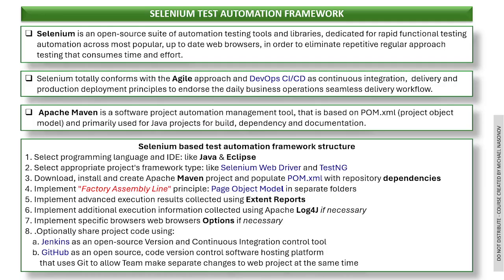Number 4. Implement factory assembly line principles to support Page Object Model in separate folders. Number 5. Implement advanced execution results collected using Extent Reports, after which you might implement additional execution information collected using Apache Log4j if necessary.